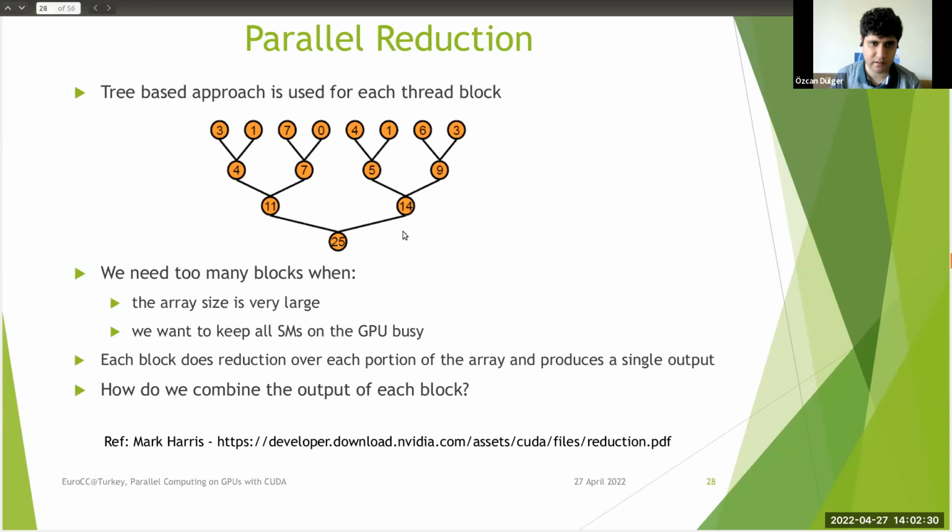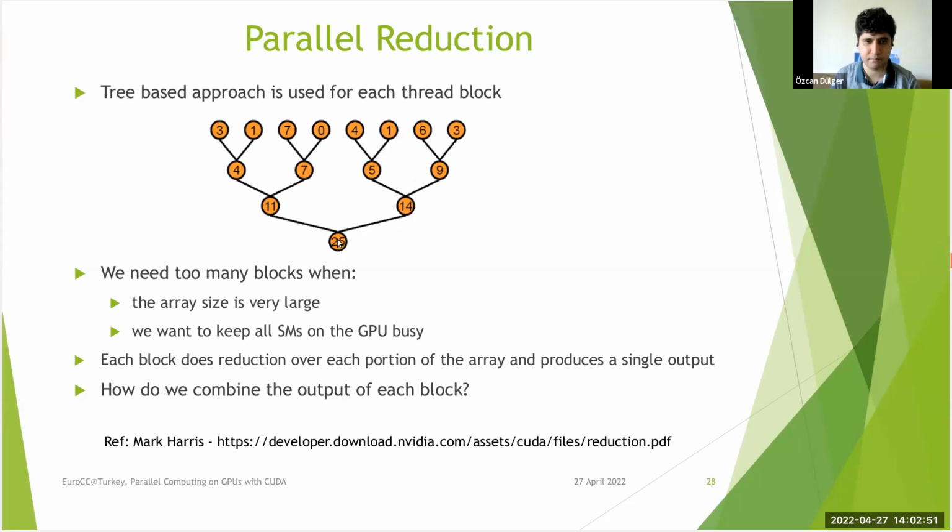Here, in this figure, this is an illustration of a thread block, and the thread block does reduction over a portion of the array and produces a single output. And how do we combine the outputs of each block? So we need to combine them.